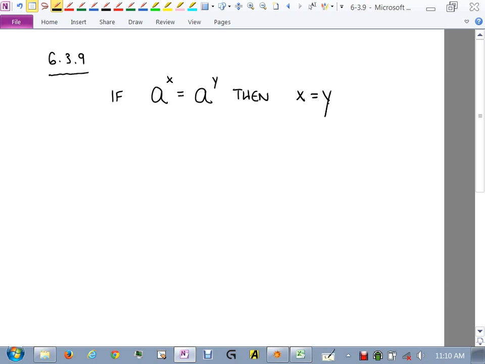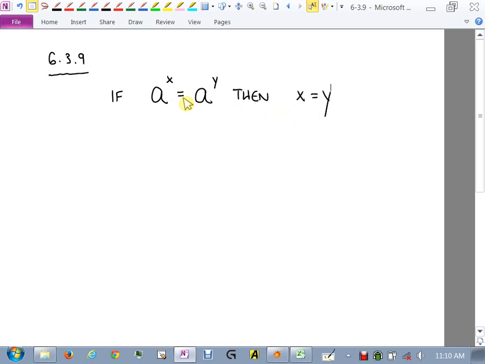Now that might seem obvious, all right? But it is actually only true because the exponential function is 1-to-1, which means it has an inverse. So the fact that that's true is what guarantees this property.